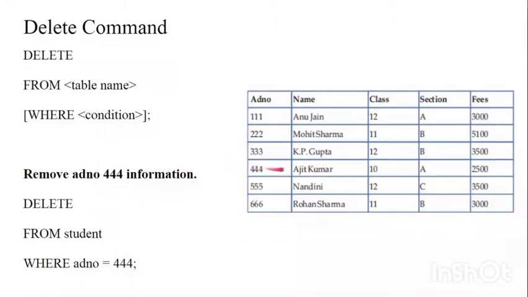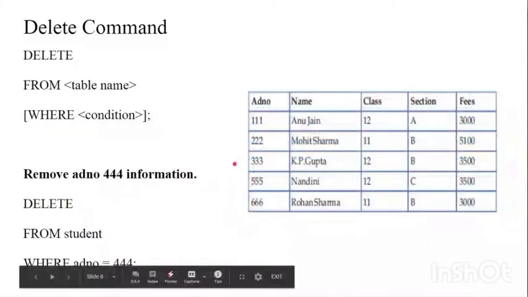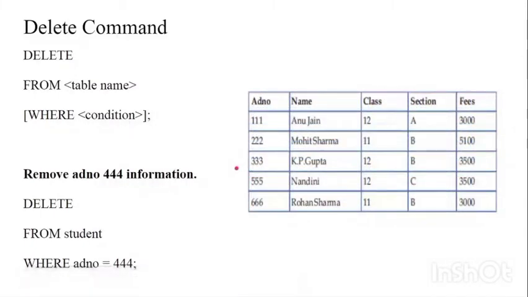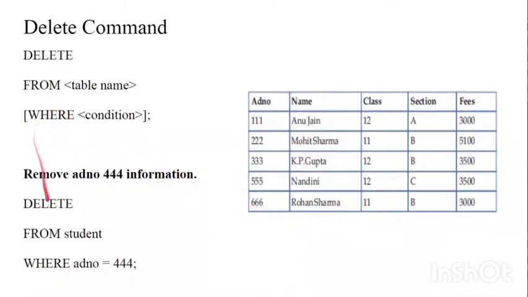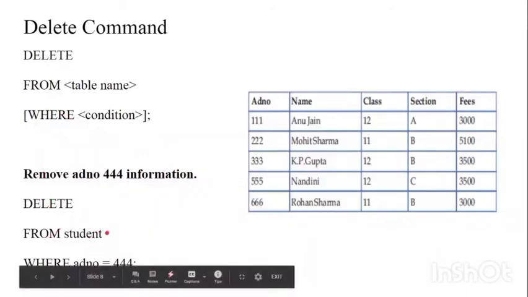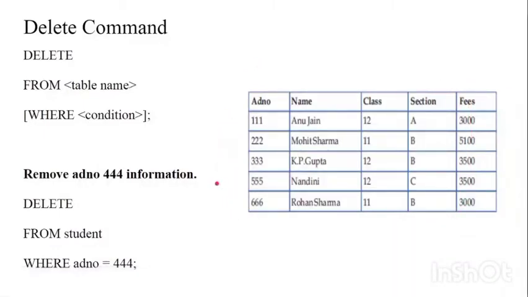Then it will delete the record of admission number 444. If we want to delete the whole content of this table, we write delete from student. No need of providing the condition. Then there will be a table but it will not have any of the contents in it.